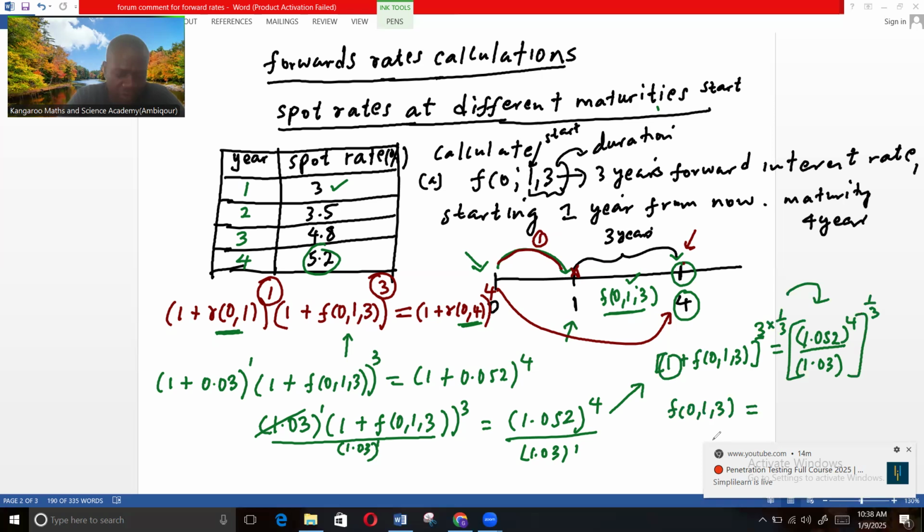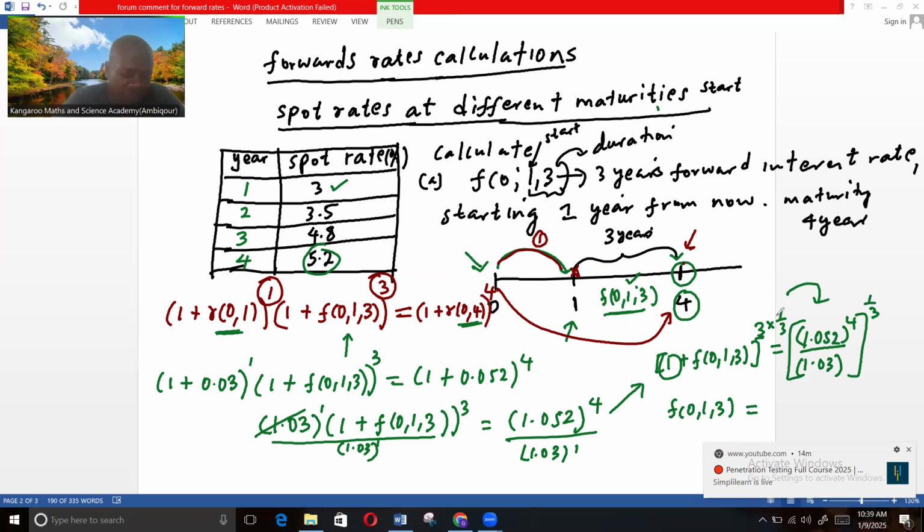So now we're going to have 1.052 to the power of 4, and I divide by 1.03, then everything raised to the power of 1 over 3.